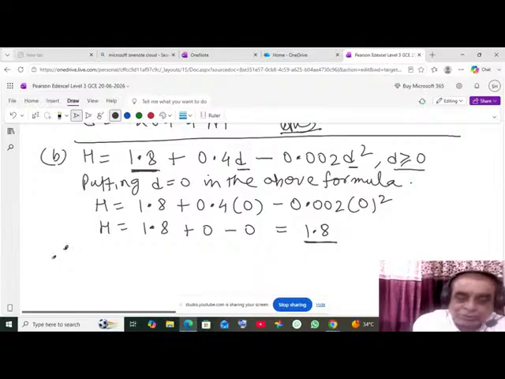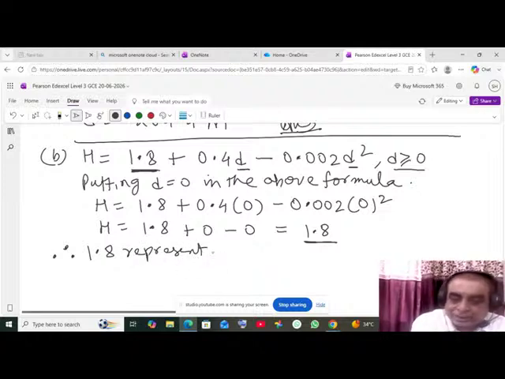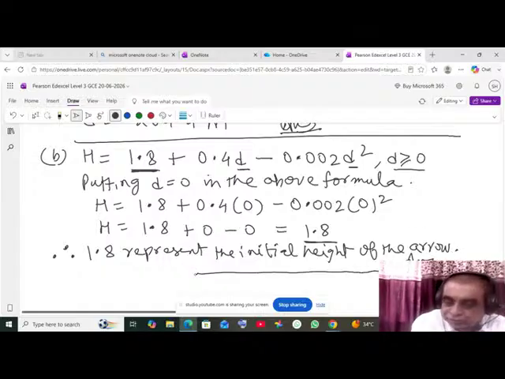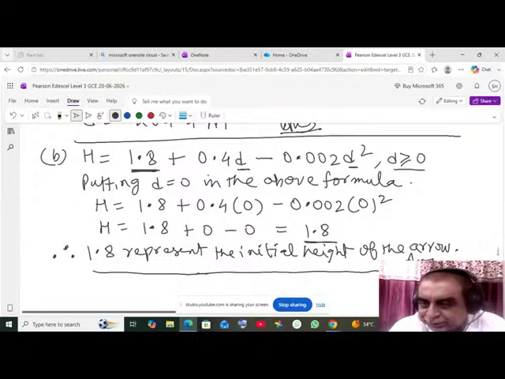So the constant number 1.8 represents the initial height of the arrow, at the moment when the arrow was shot. So that is the significance of this constant number 1.8. Okay, so B part is done.